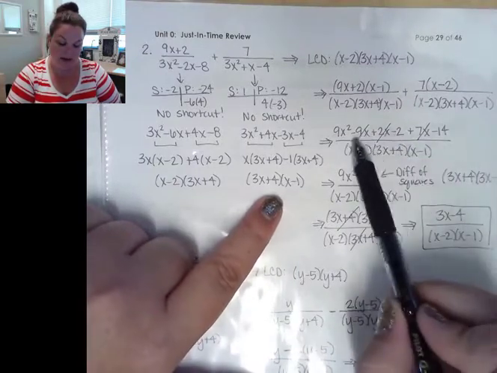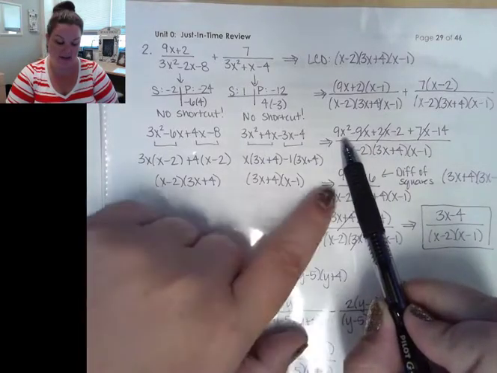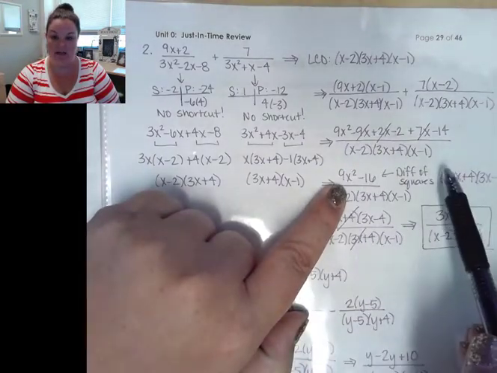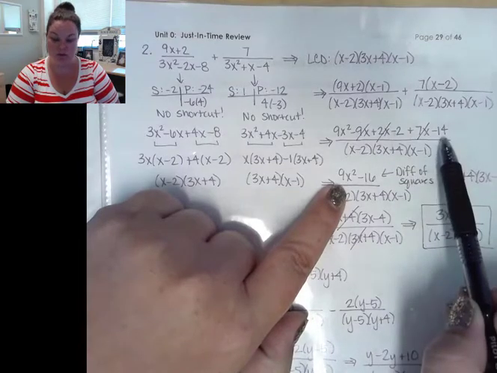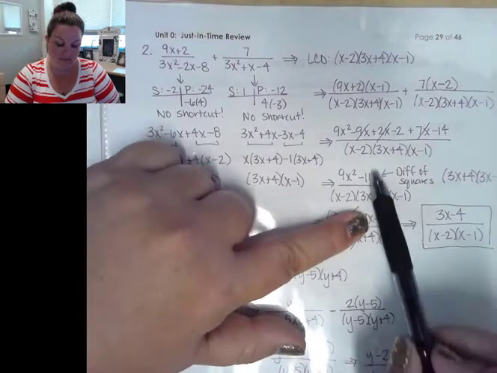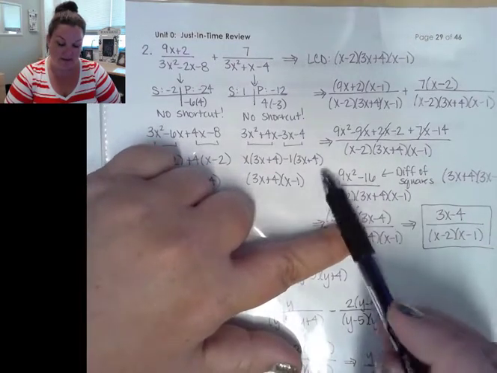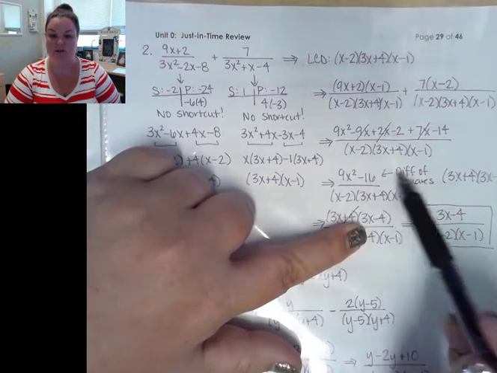Okay? All my x terms, when I combine them, they combine to 0. So they cancel out, and I'm left with 9x squared, and then a -2 and a -14, which combine to -16. So if this top piece doesn't factor, then I stop, and this whole mess is my solution.